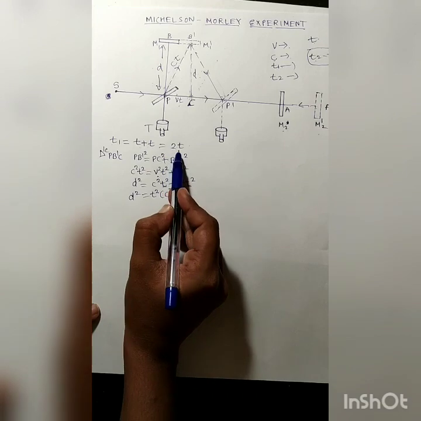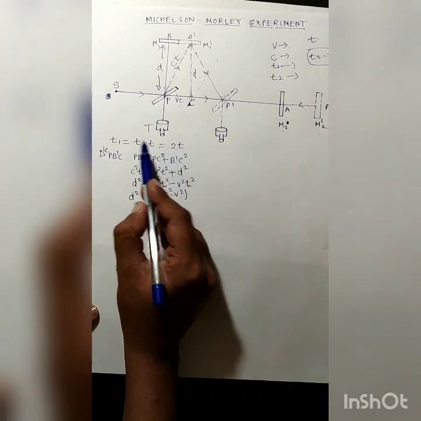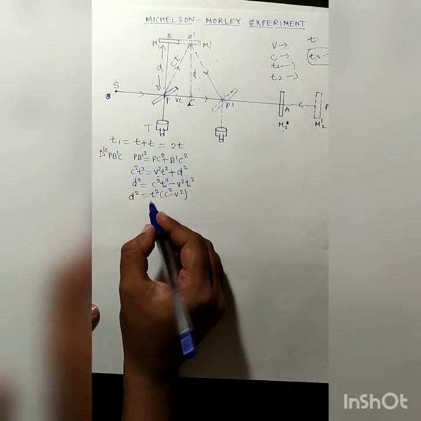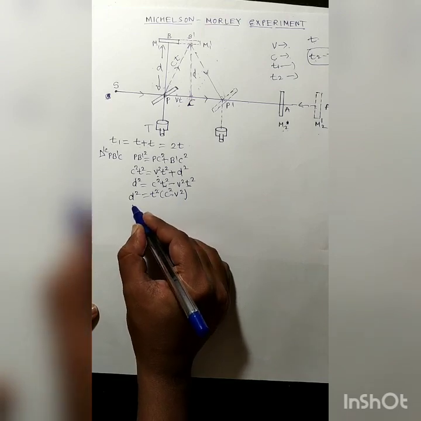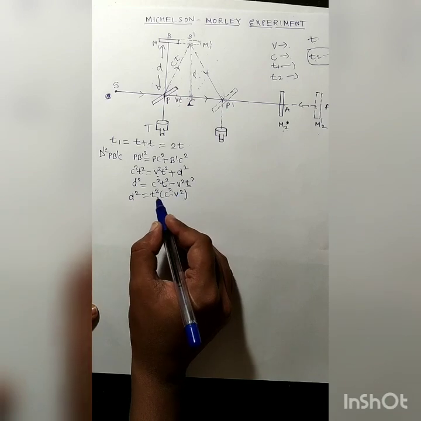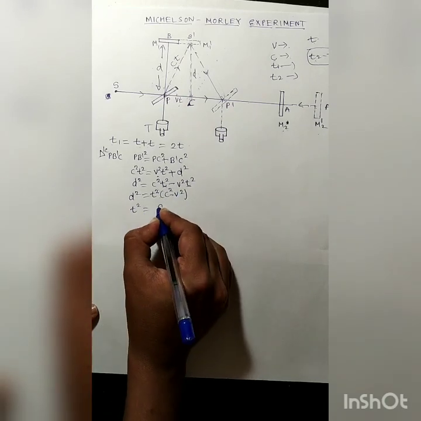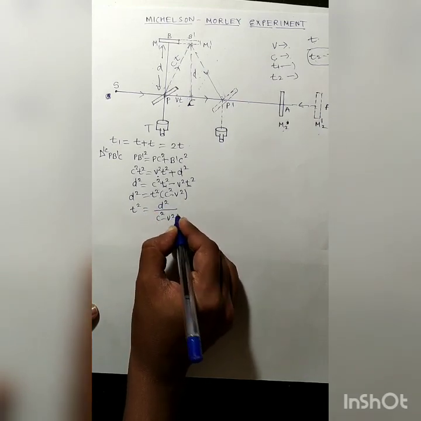But our main intention is to calculate t, because if you know the t value, we can readily get the t1 value. So to calculate t, keep this t square here and transfer the c square minus v square term to the other side. So it gets divided, because here it is multiplied. Now we are getting t square is equal to d square divided by c square minus v square.